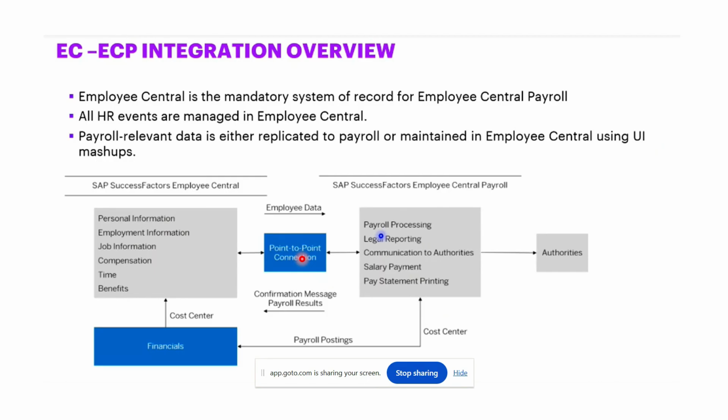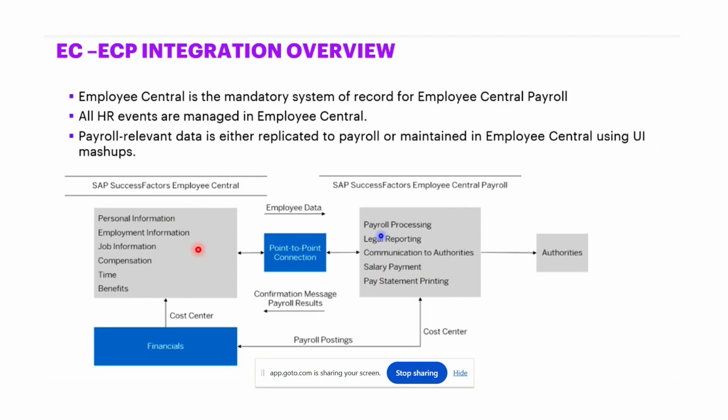Okay. So your day-to-day data, whenever you do a transaction, only those which are relevant to payroll, not everything. Only those which are relevant to your payroll processing, your statutory remittances. So, friends, we have been working in SAP HCM long. You know what statutory remittance is.